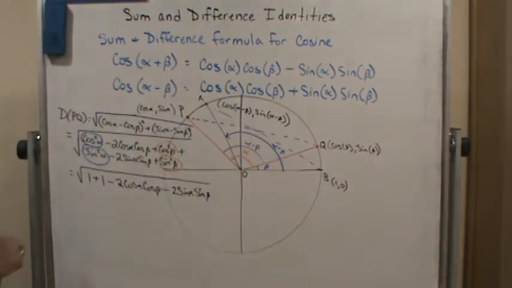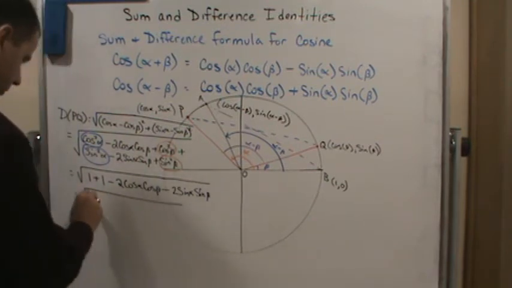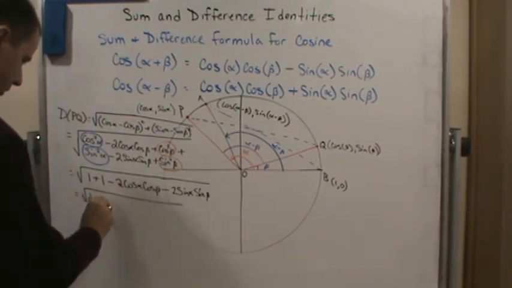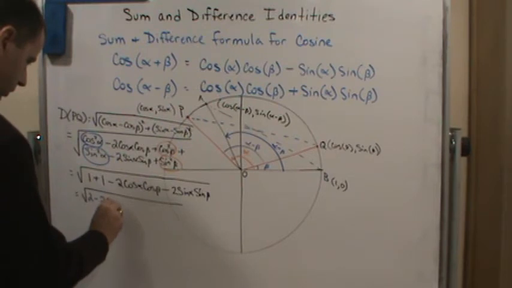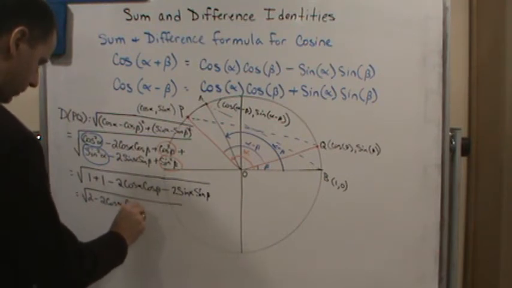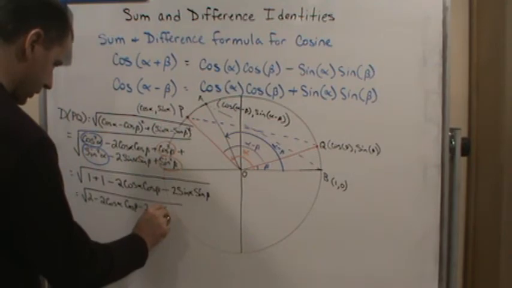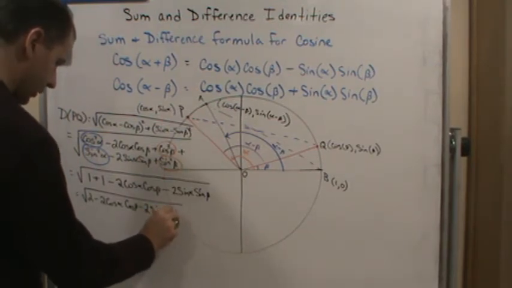Okay, so now what do we get? We get 2 minus 2 cosine alpha cosine beta minus 2 sine alpha sine beta.